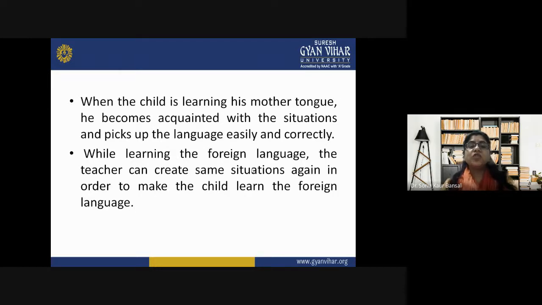So when the child is learning his mother tongue, he becomes acquainted with the situations and picks up the language very easily and correctly. No need to tell you, students, that when a child is born and brought up in a particular regional area, there are no extra efforts from the side of parents, the society, the siblings, or anyone else important in the society, it might be a school.